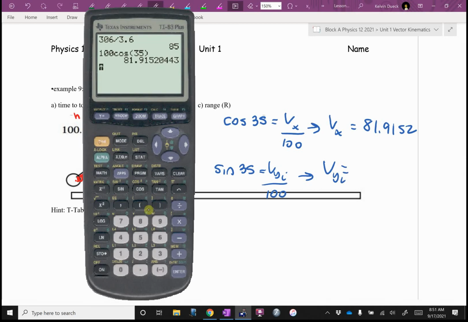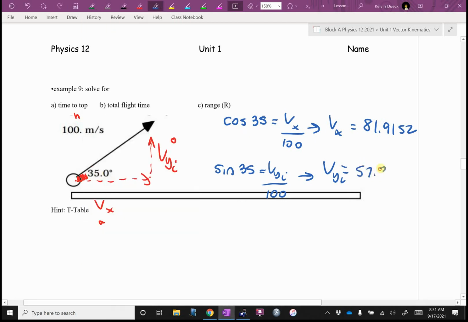I think I can, in fact, just backspace and edit. 57.3576. Are any of those final answers what they were asking me to find? That's why I got sloppy, didn't even bother putting units on. I'm just using that.